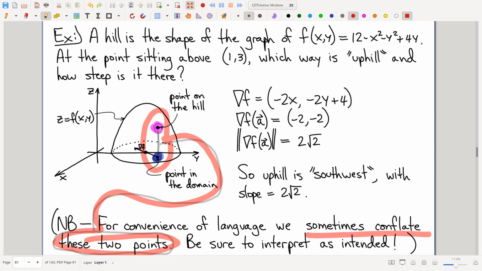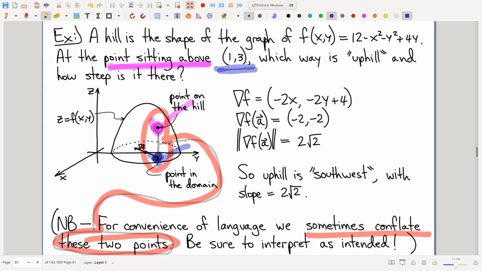Now, I made a careful point here of not doing so. Notice I said we're talking about the point sitting above 1, 3, and I was careful to distinguish them. That's kind of weird, frankly. Most of the time, people don't do that, and in fact, most of the time, I'm not going to do it either.